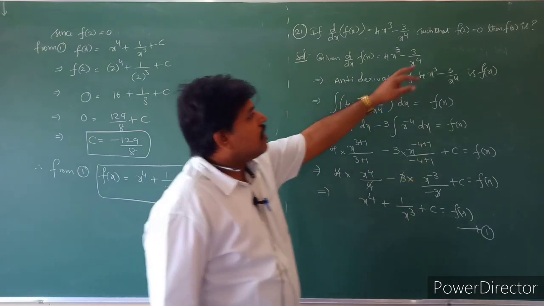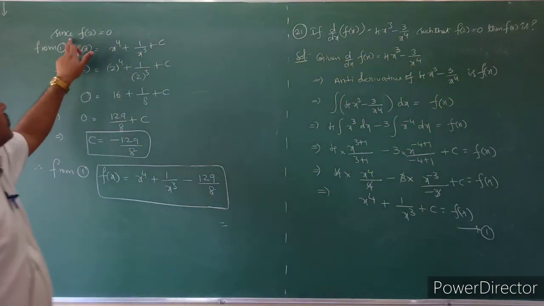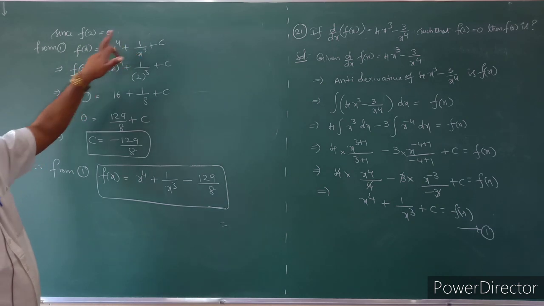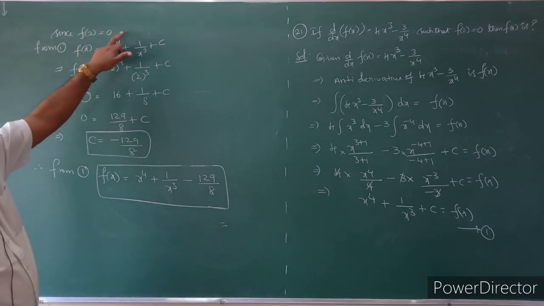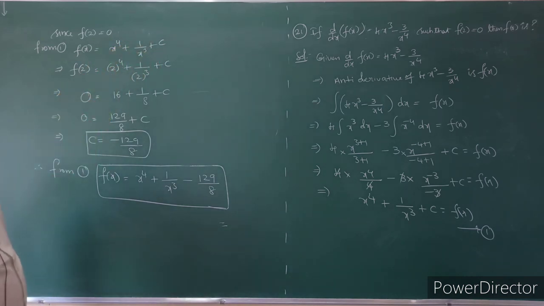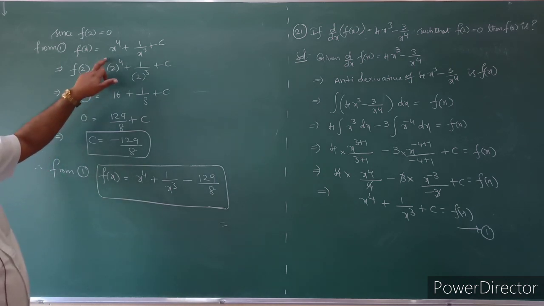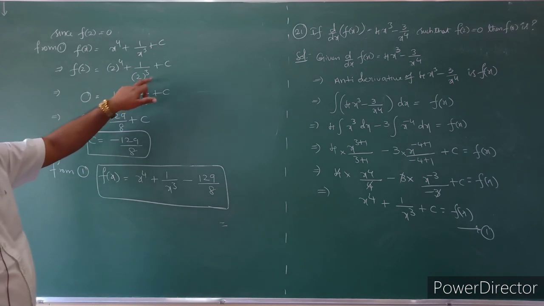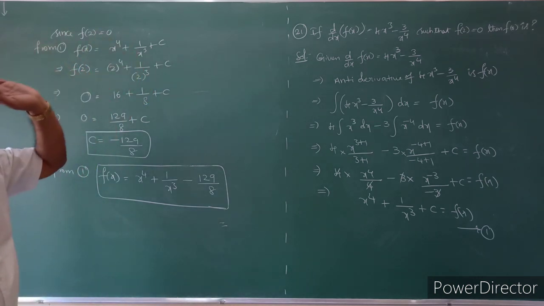In the question they are already given f of 2 is 0. So from 1, f of x is equal to x power 4 plus 1 by x cube plus c. So that implies f of 2 is equal to 2 power 4 plus 1 by 2 cube plus c. f of 2 value is 0, already they are given.